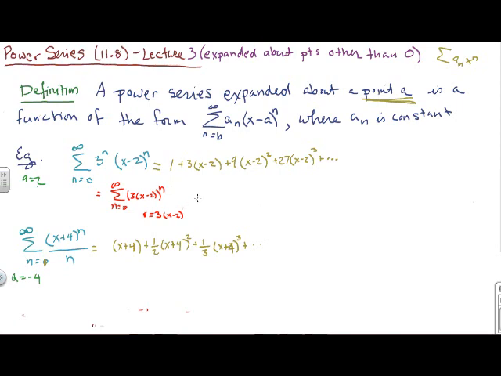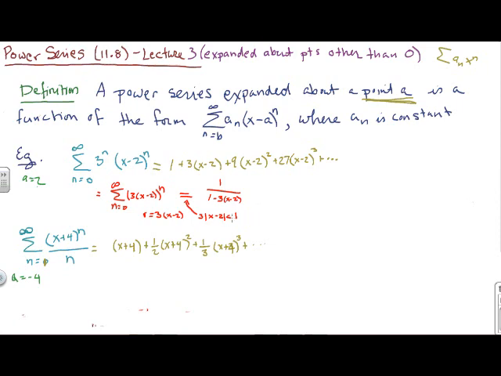And so it is a power series. It's a geometric series, in fact. And as long as the absolute value of r, so the absolute value of 3 times (x minus 2), is less than 1, as long as that's the case, then this can be written as 1 over 1 minus 3 times (x minus 2).